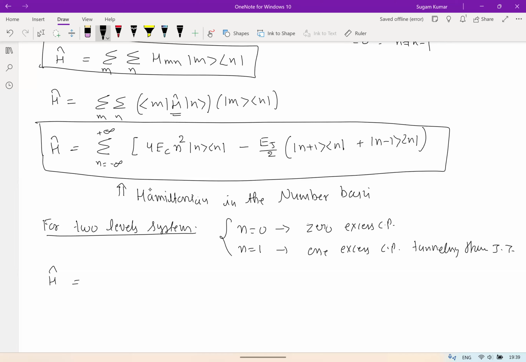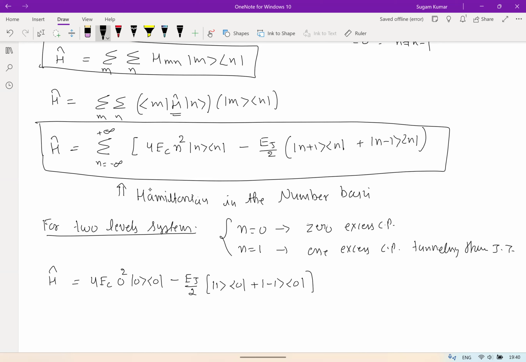So if I put the value, look at here, this n, I will put first 0. So this is going to become 4 times EC, 0 squared |0><0|, and minus EJ by 2, and |0+1>, that is |1>, correct? <0|, and this becomes |-1><0|.